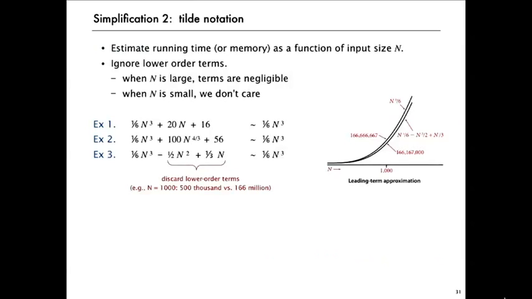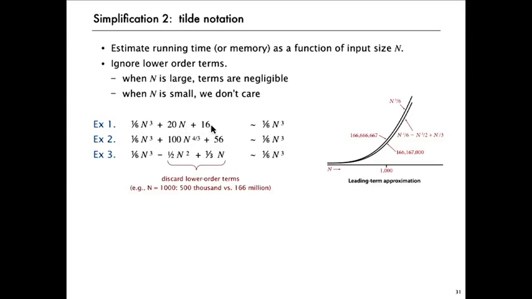And the second simplification is that we're going to ignore low-order terms in the formulas that we derive. And there's an easy way to do that. It's called the tilde notation. The idea is that when n is large in a formula like this, the n cubed term is much, much higher than the n term, or 16.